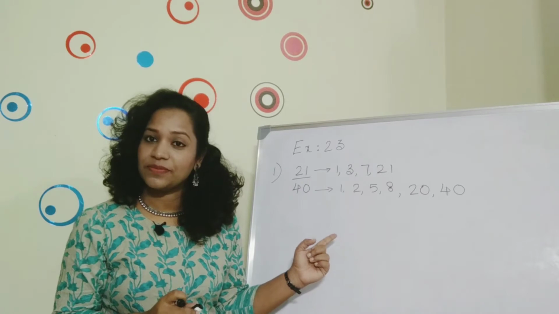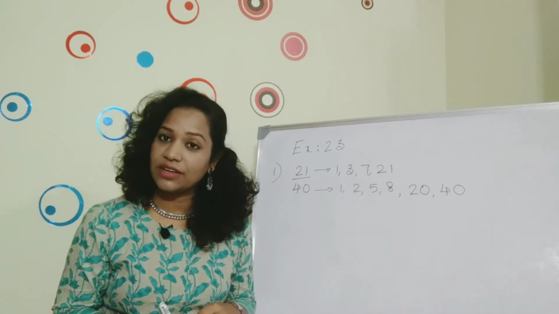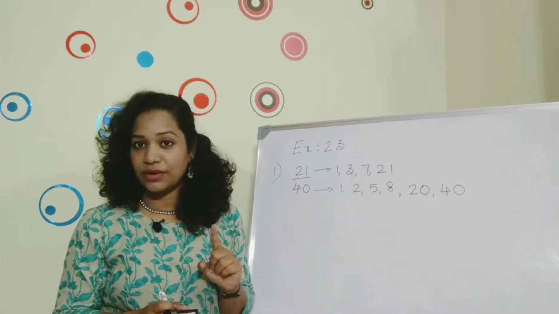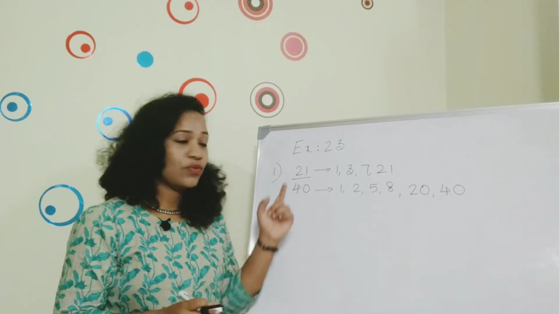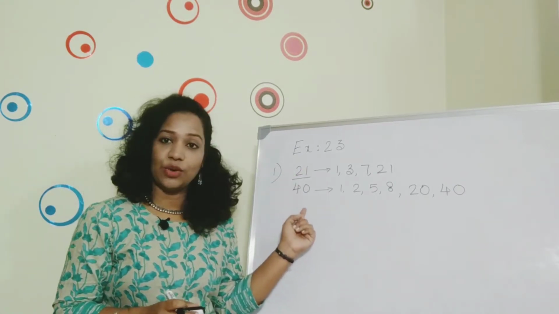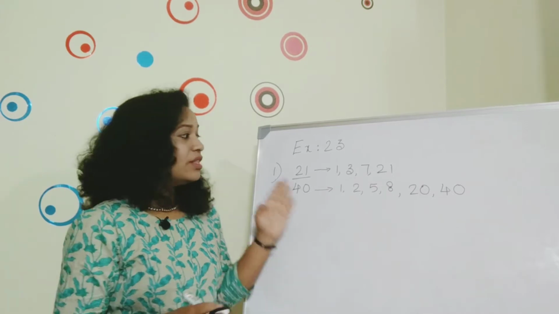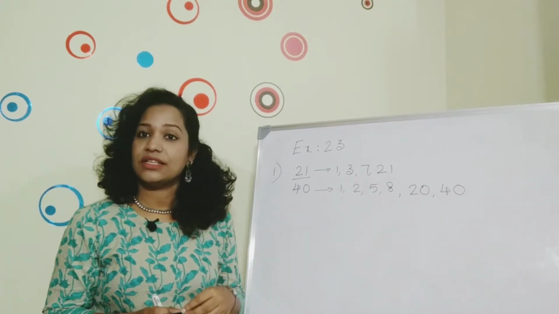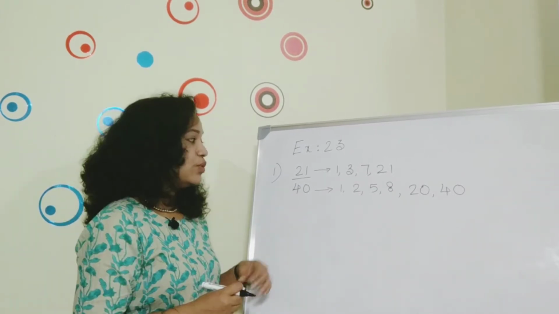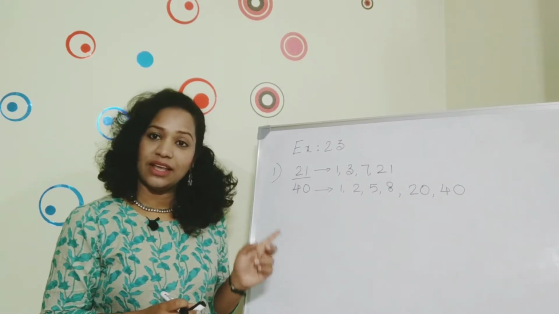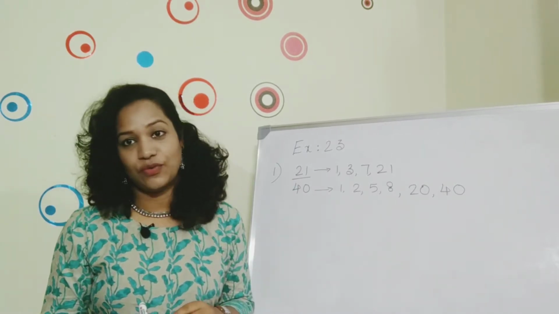Only 1. Yes, so the highest common factor is also 1. If the HCF of the numerator and the denominator is 1, this fraction is in its simplest form. So 21 by 40 is in its simplest form.